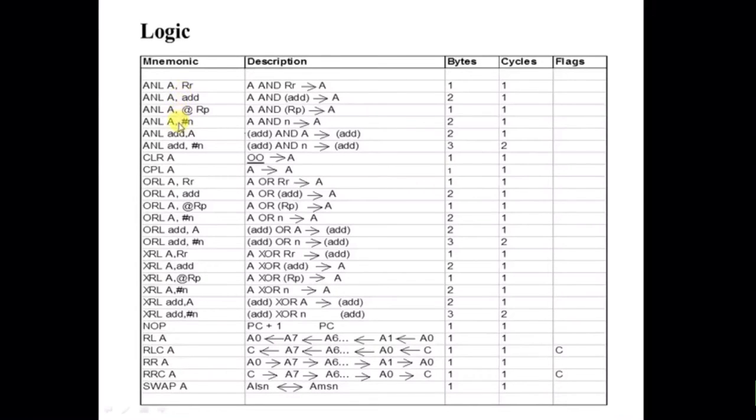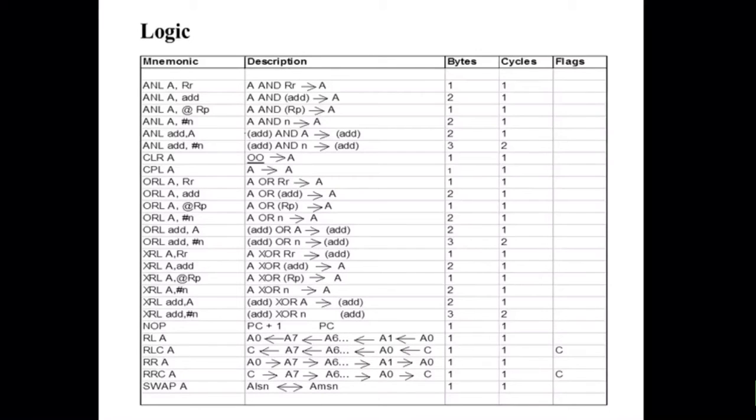So these are the possible syntaxes you can use to perform your logical AND operation. In logical operations, the accumulator plays the major role, so here A means accumulator. And ANL add, A performs the logical AND between the address and A, and the result is saved in the address.